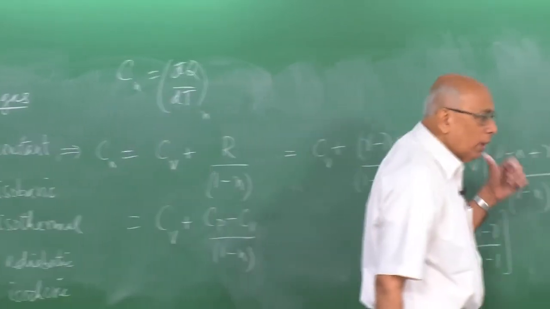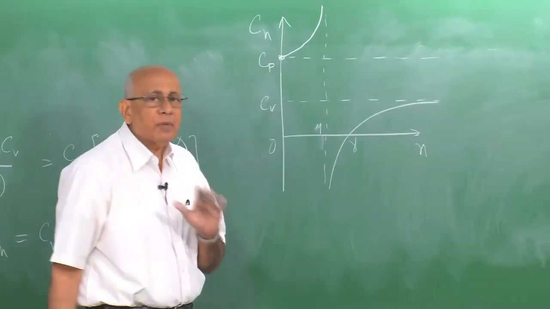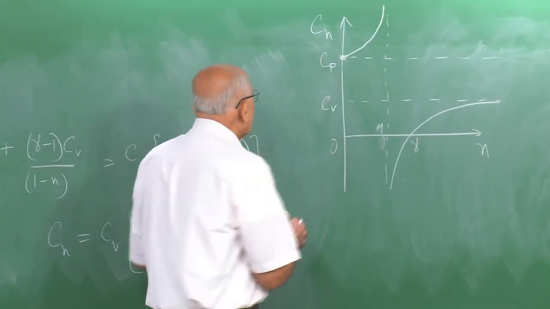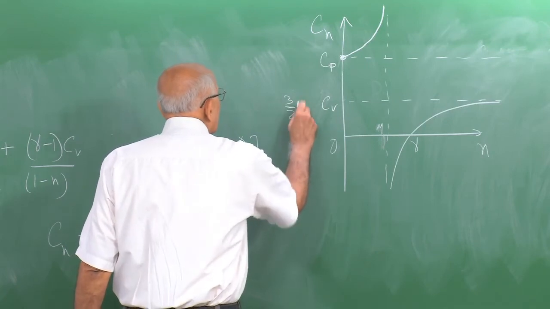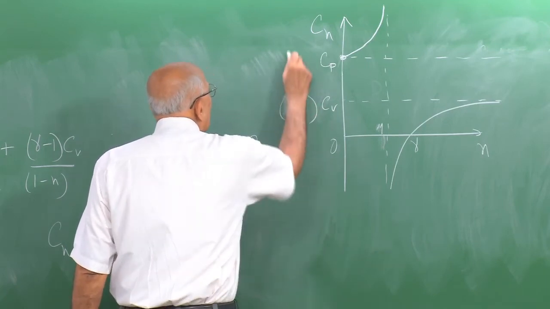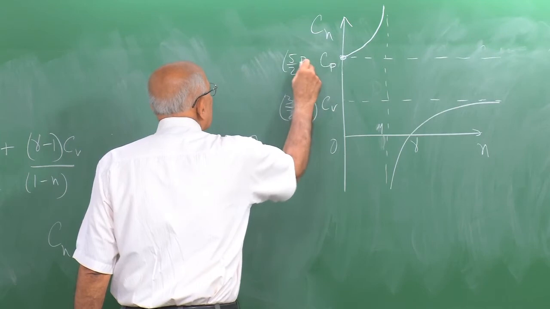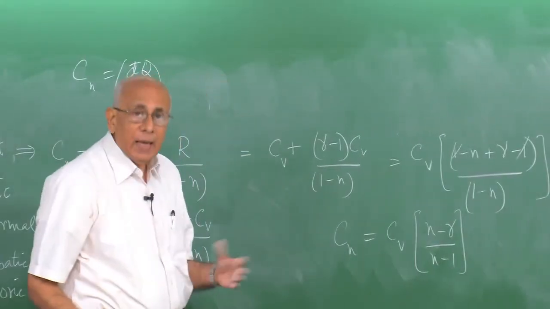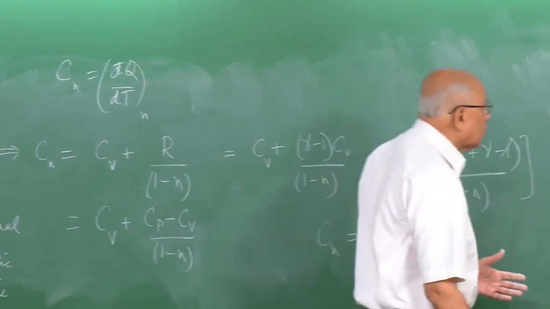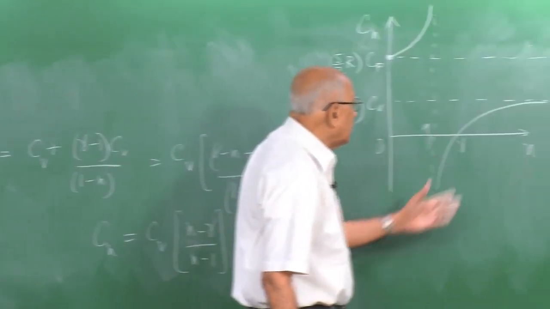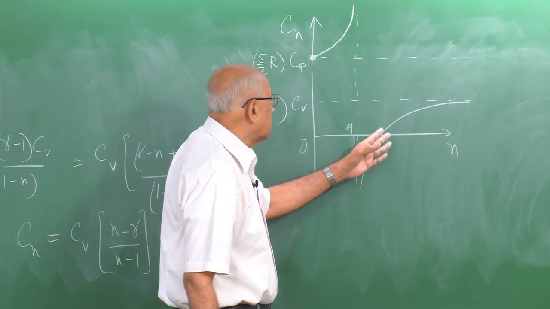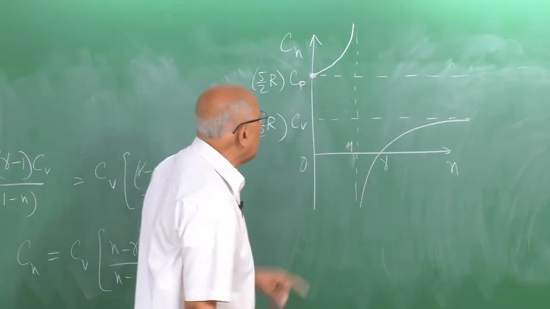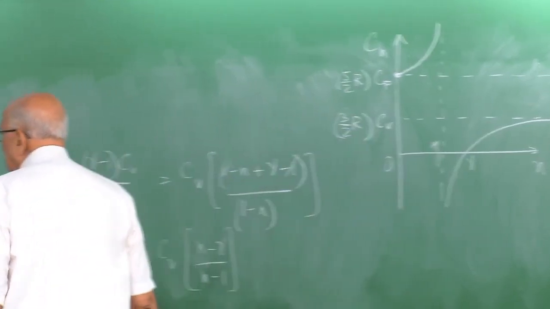Notice that for no polytropic process can the specific heat have a value between Cv and Cp. This is 3/2 and this is 5/2 R. But it could actually have, for certain processes, a value which is less than Cv or greater than Cp on this side, depending on the polytropic index that we wrote down.